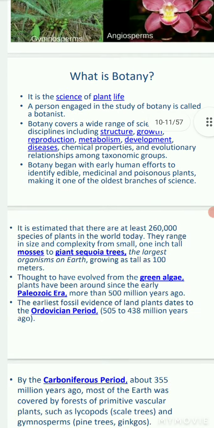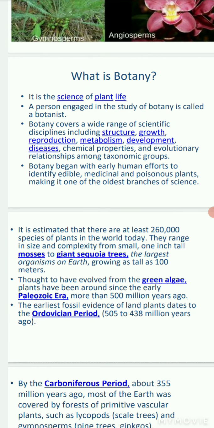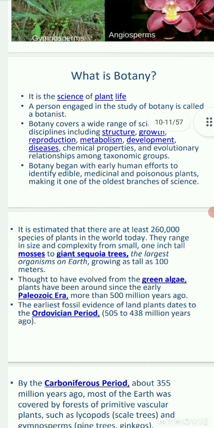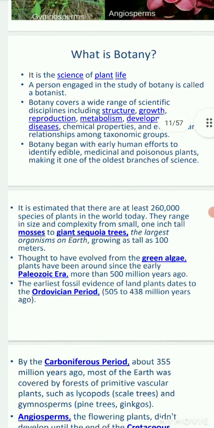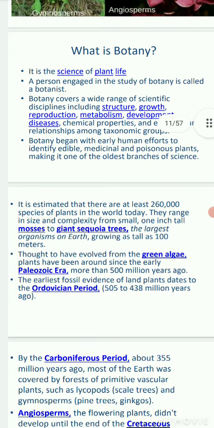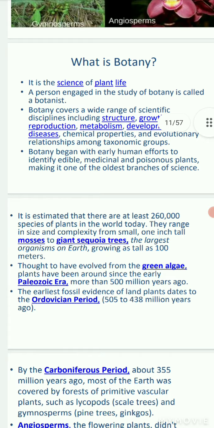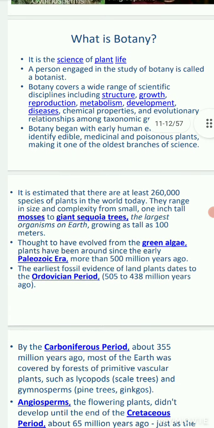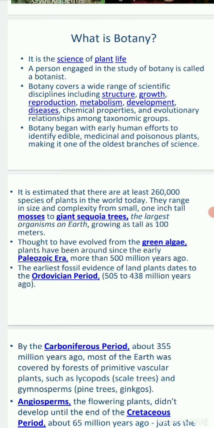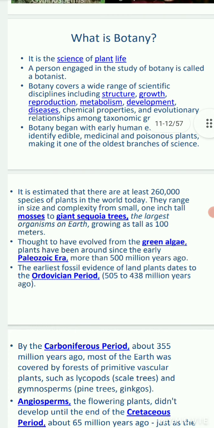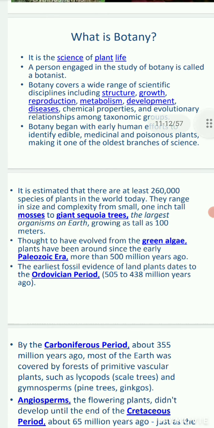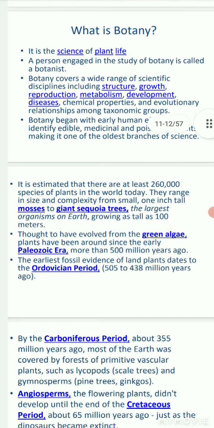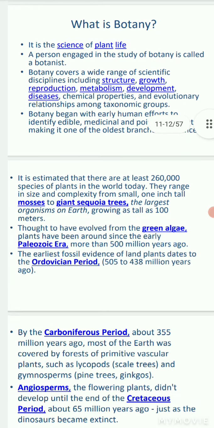Then it is estimated that there are at least 260,000 species of plants in the world today, which are found all over the earth planet. They range in size and complexity from small 1-inch tall mosses to giant sequoia trees, the largest organism on earth, growing as tall as 100 meters.